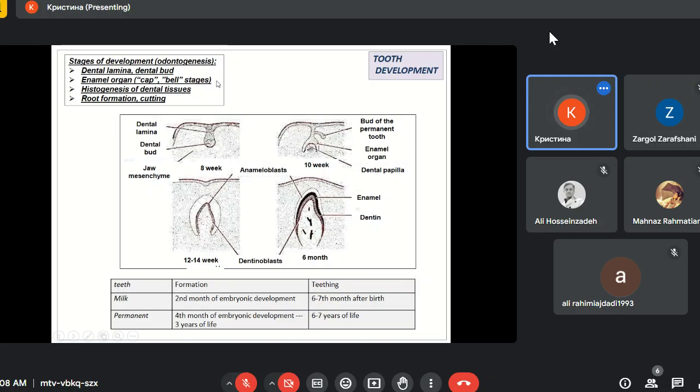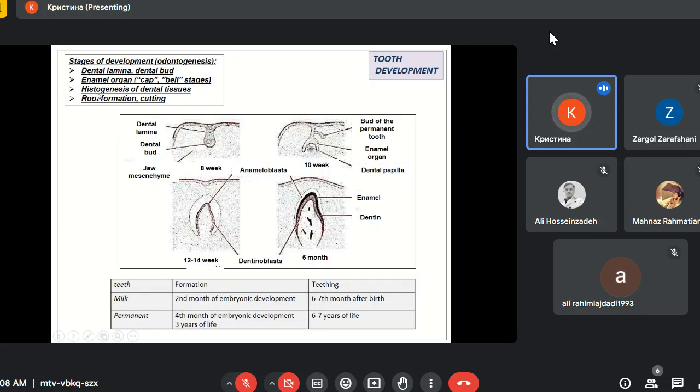The next stage is called enamel organ, because the dental bud proliferates and forms the specific structure, which is called the enamel organ. And the enamel organ has two stages, cap stage and bell stage. And then we will have the histogenesis of dental tissues.